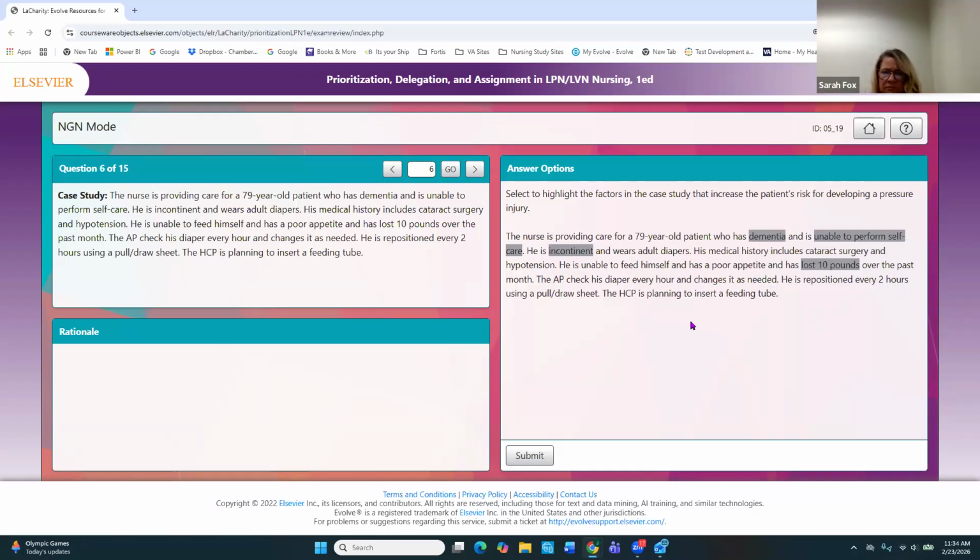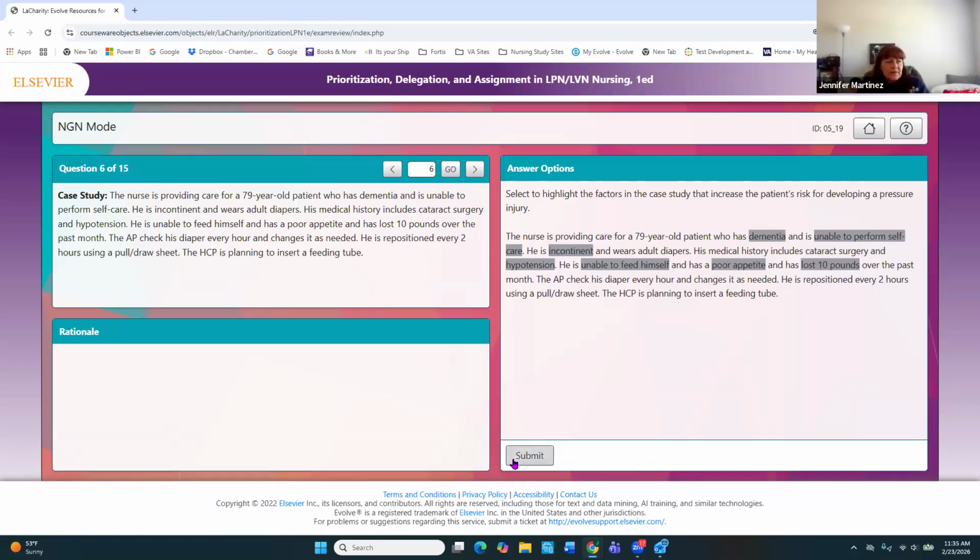Hypotension. Okay. What else would increase the risk for pressure injury? Poor appetite? And the feeding tube. Unable to feed himself. Yep, I think that is all we can click on.